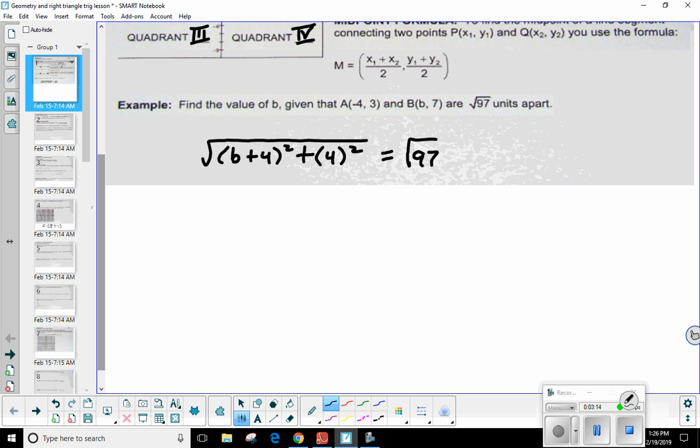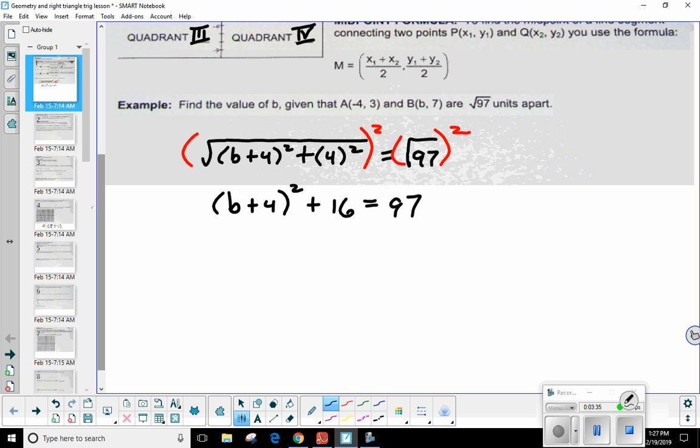Okay. So now what would I do? There you go. We want to get rid of those radicals, so I'm going to square both sides. Okay, they're inverses, so they're going to cancel. That's going to give me b plus 4 squared plus 16 is equal to 97.